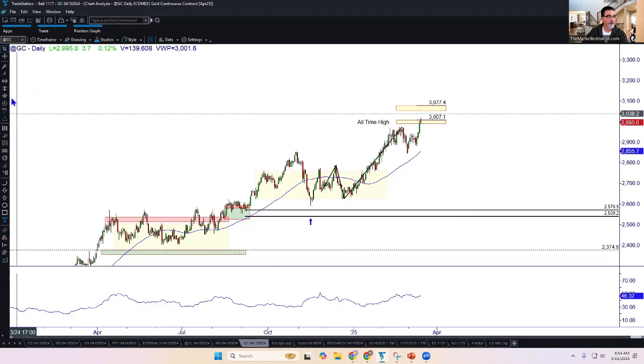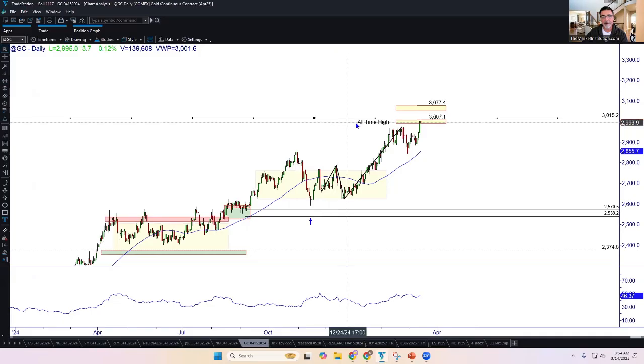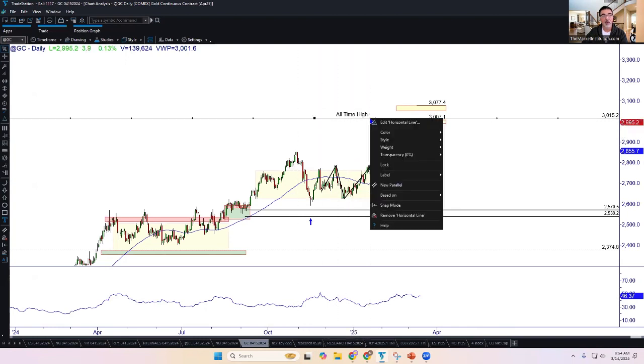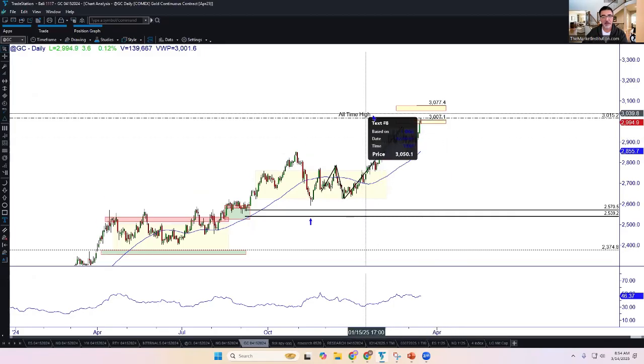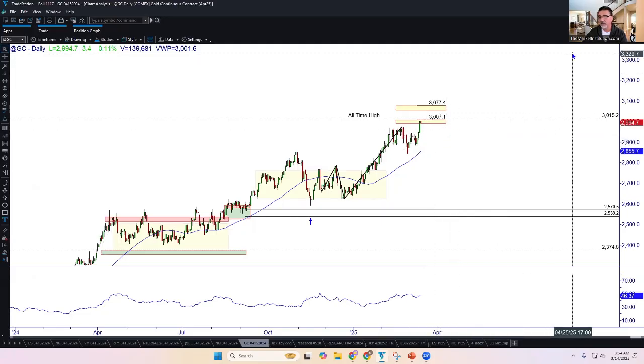Let me get that horizontal line. We have a new all-time high. I find this to be very, very helpful when stocks are going to all-time highs, using it as a place for a projected move.